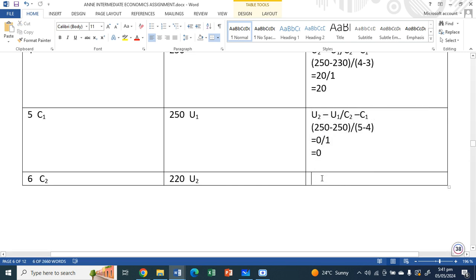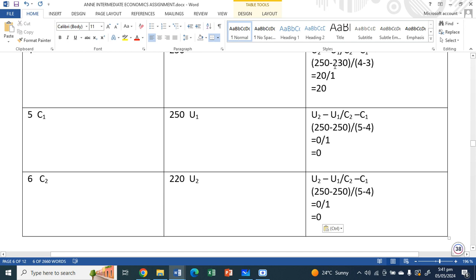So this is where I wanted to introduce the law of diminishing marginal returns. Let's just calculate this. 220 minus 250 gives you negative 30. 6 minus 5, that is 1.